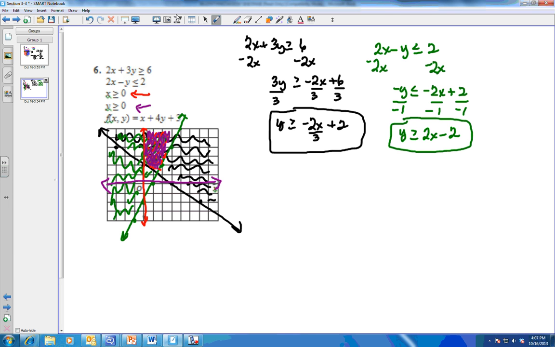Okay, so I'm going to outline that in black so we can tell easily where that is. So it starts here, it goes right here. It's hard to tell.